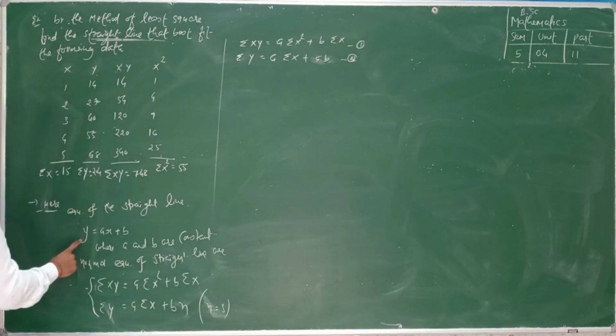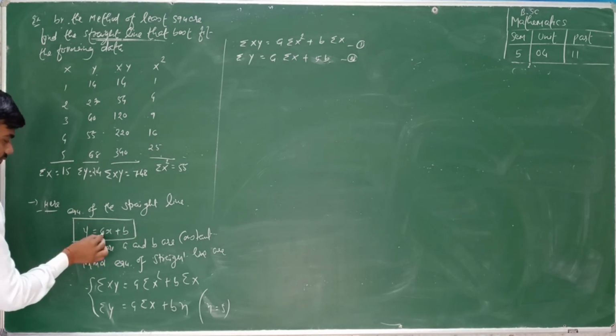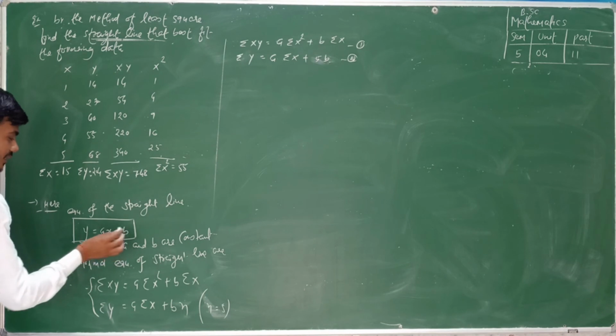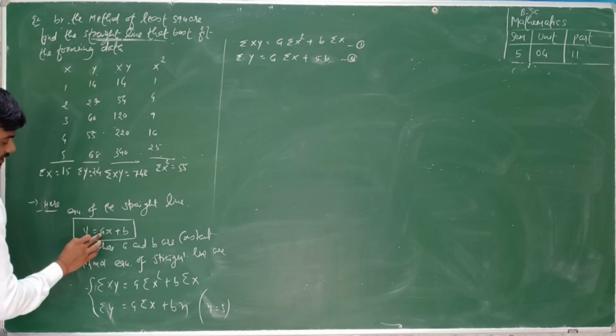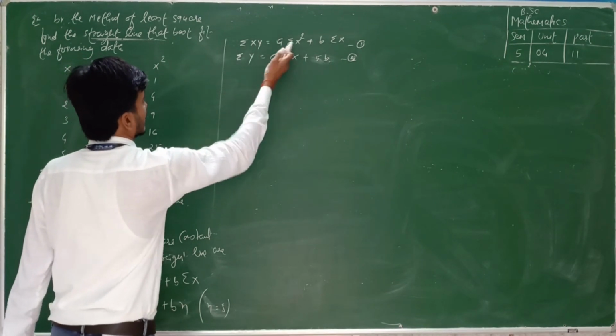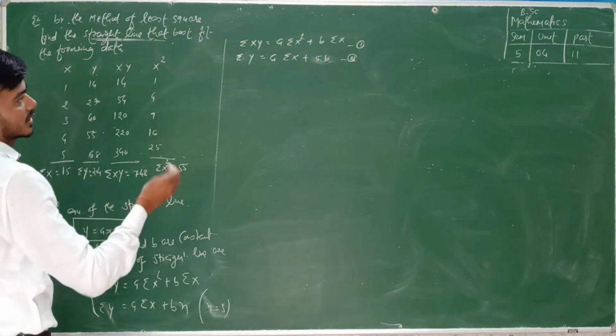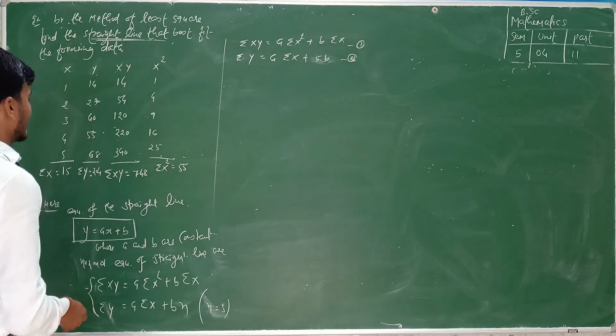The best-fit straight line is y equals ax plus b, and we find the arbitrary constants a and b.